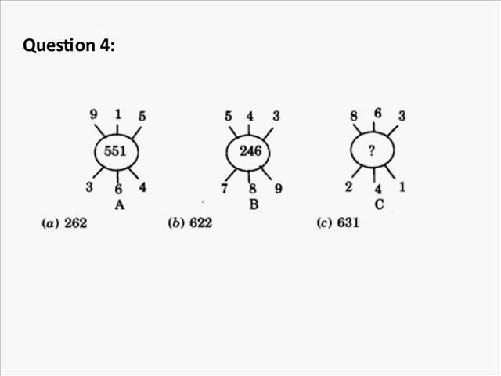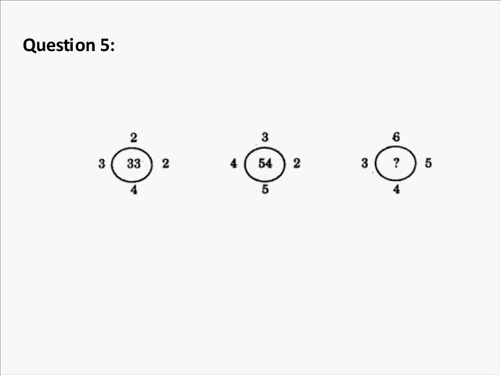Very good. It's a simple 915 subtraction. 915 minus 364, 551. 543 minus 246. So this is a very simple case. Okay. Now you just try this question.